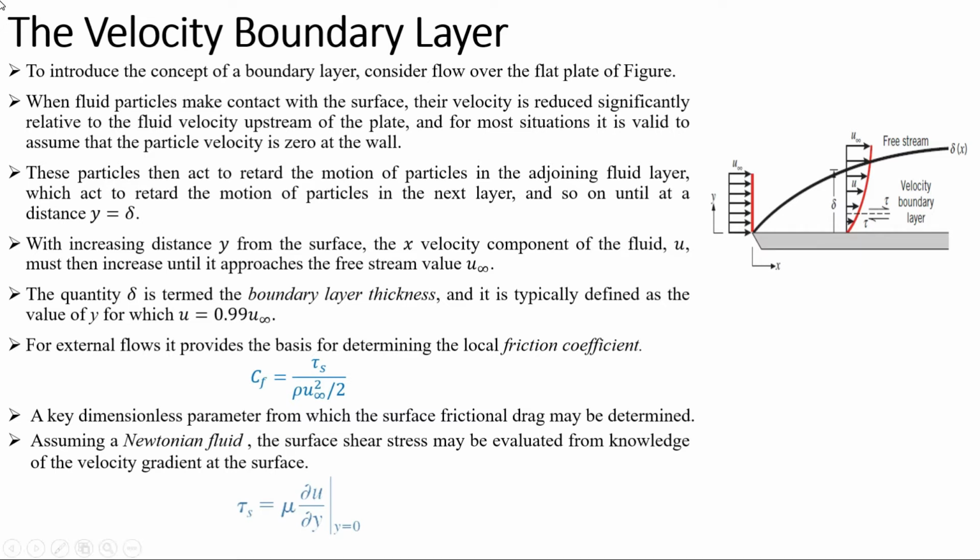Within the boundary layer, velocity is a function of y, and there is a point where velocity becomes equal to 99% of the free stream velocity, and that value of y is known as the boundary layer thickness. A similar concept is available for thermal boundary layer. So we are moving towards the thermal boundary layer using the concept of velocity boundary layer.